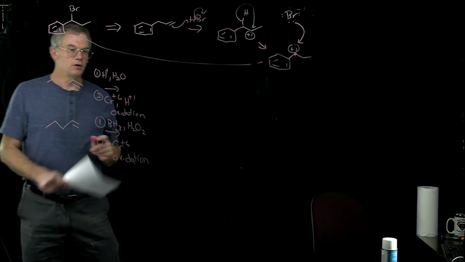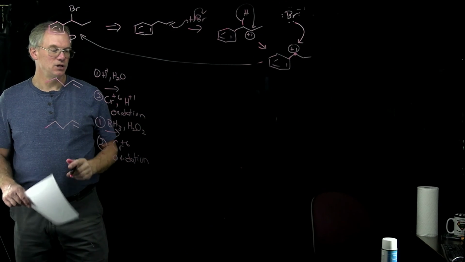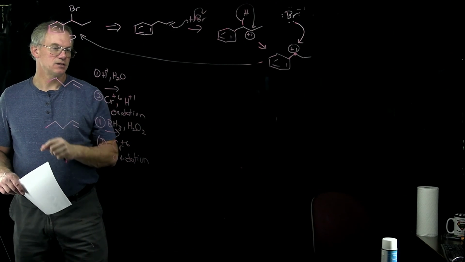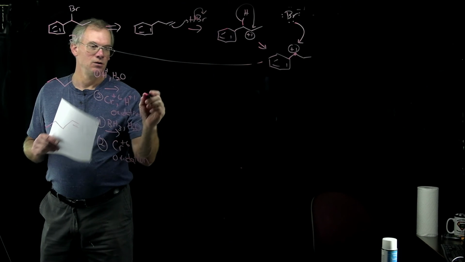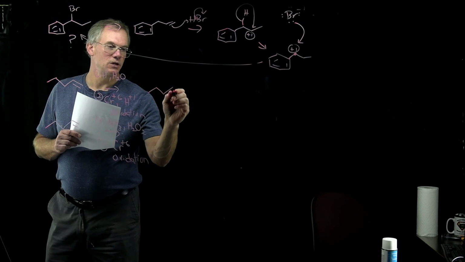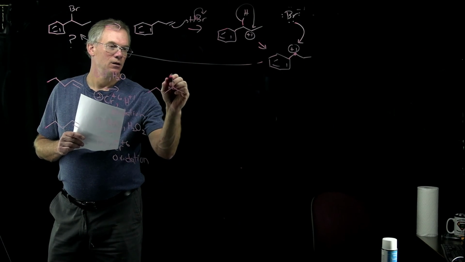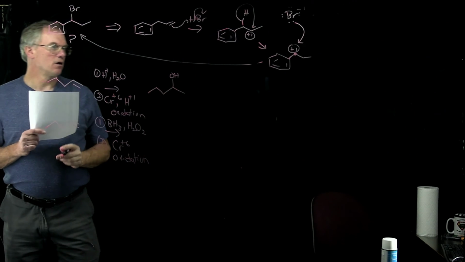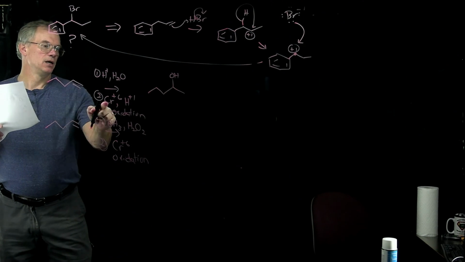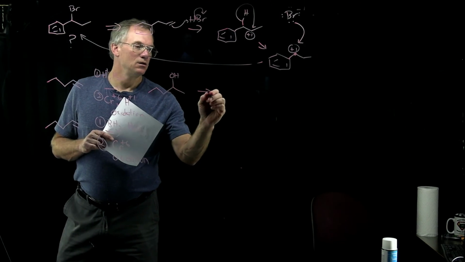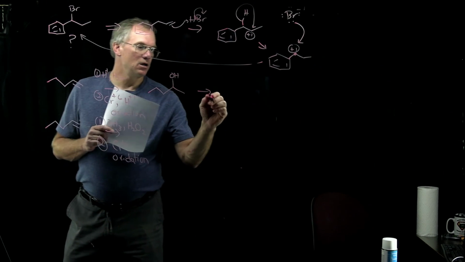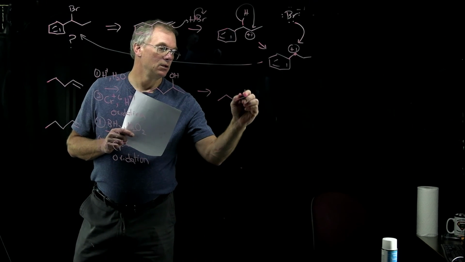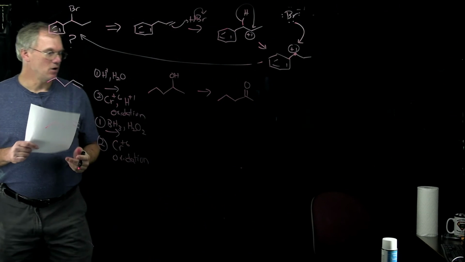In the next one, you're asked for a sequence of reactions. In the first case, acid catalyzed hydration would give us predominantly that Markovnikov hydration product. Oxidation of the resulting alcohol would produce that ketone.